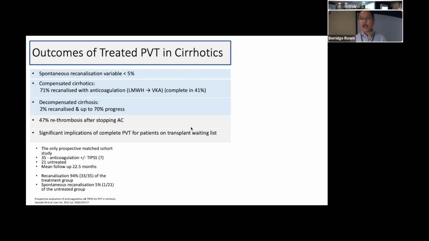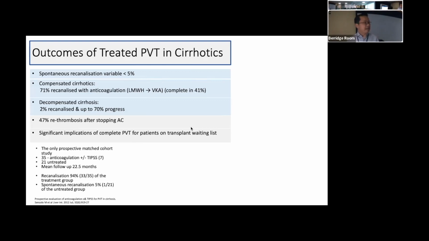So in terms of the outcome, less than 5% will recanalize spontaneously. About two-thirds of them can recanalize with anticoagulation. And for those that have decompensated cirrhosis, the majority of them will progress. And if you stop anticoagulation, about half of them will rethrombose.